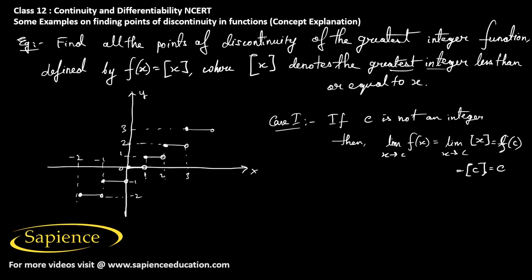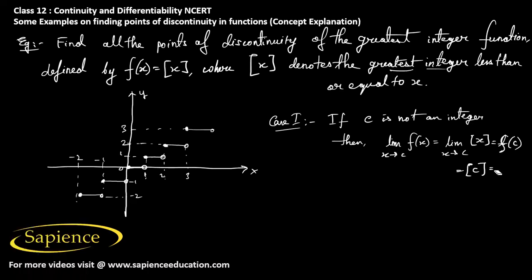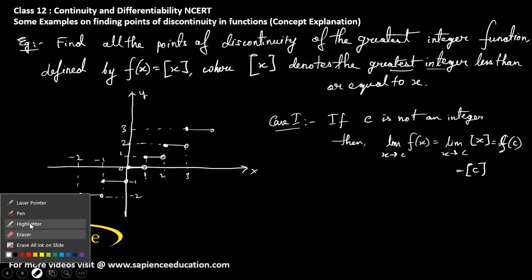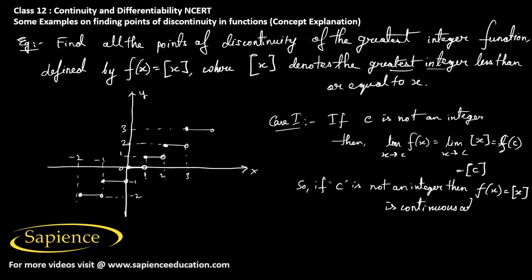Okay, so it will be equal to the integral part of c. And so if c is not an integer, then the function f of x equal to bracket x is continuous at x equal to c.